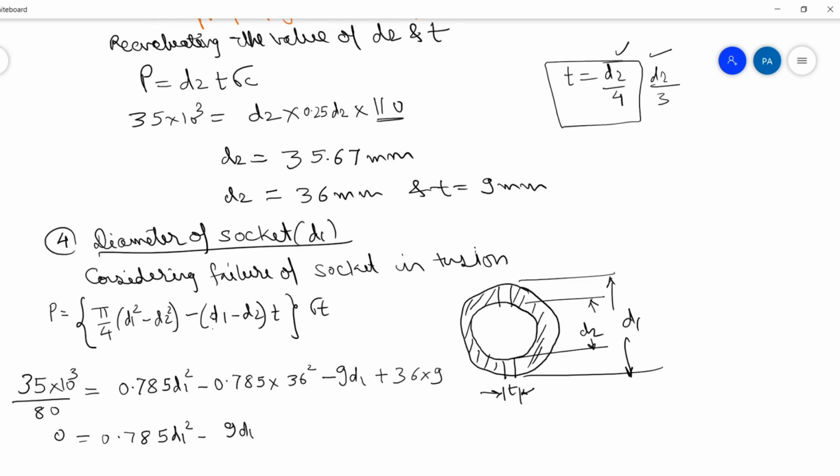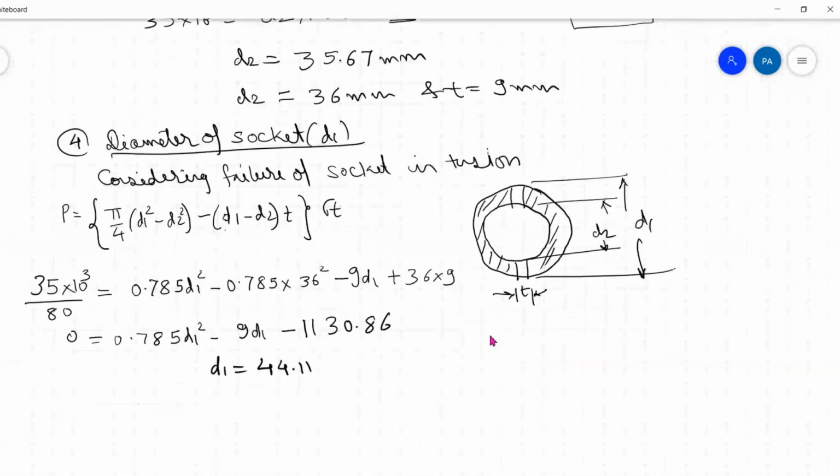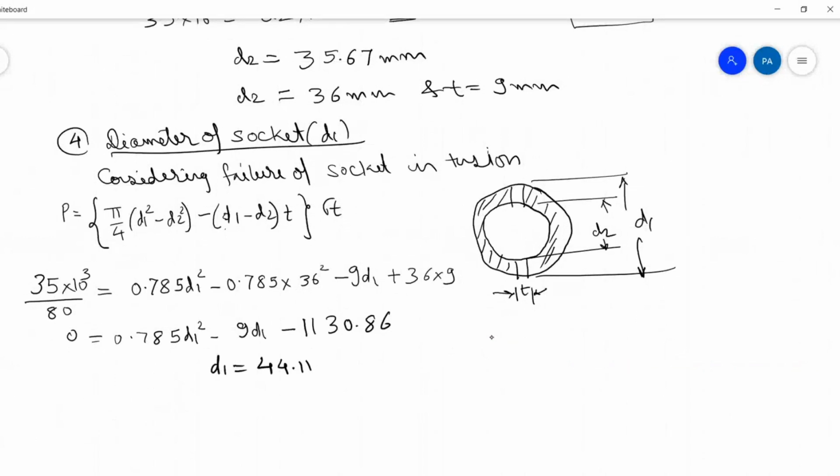So let us see what is the value of this constant. 1130.86. You can check the calculations and you are getting finally D1 as 44.11 mm. So I will write D1 equal to 45 mm. This is the answer.